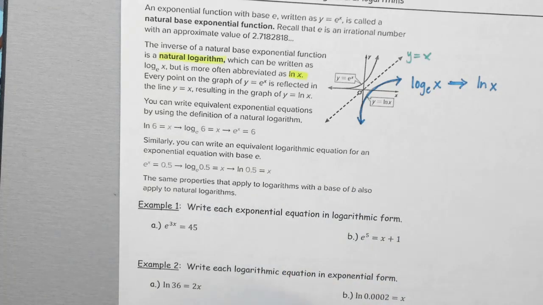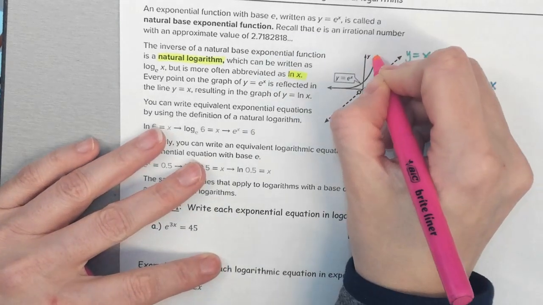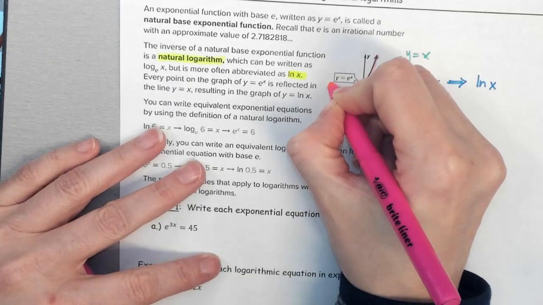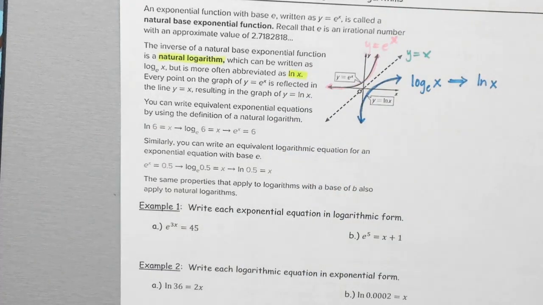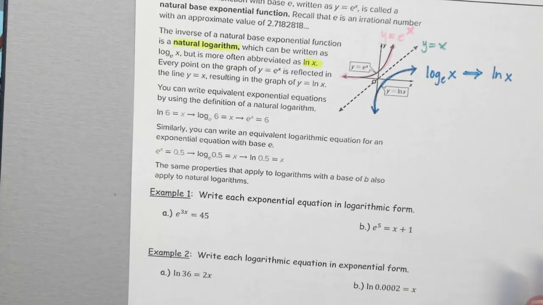And this is your function y equals e to the x that we talked about in chapter 7.